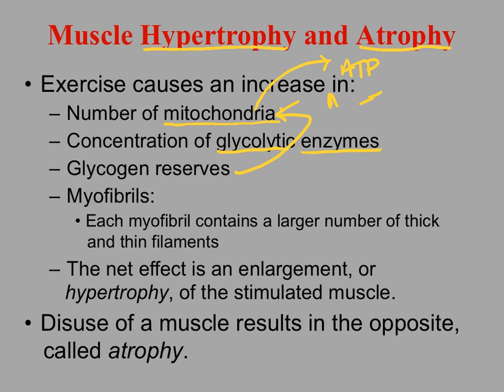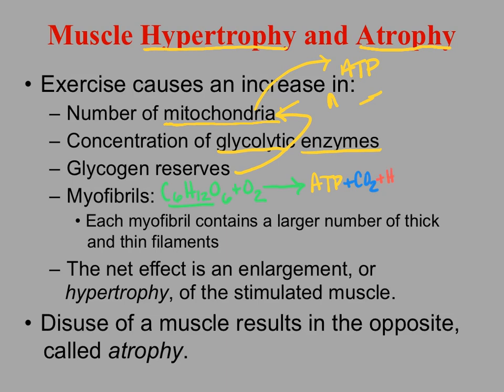So here's glucose, C6H12O6, in the presence of oxygen, and inside of the cell and inside of the mitochondria, glucose gets converted to ATP. That's what you need if you're exercising, right? You need ATP for muscle contraction to occur. What you also get is some CO2. That's what you breathe out when you're exercising.